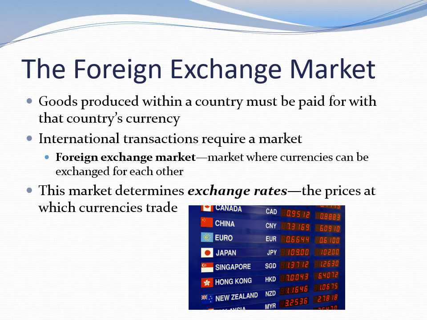So one thing that we need to wrap our heads around now is that a currency is treated like any other type of good or service that we purchase. There is a demand for different types of currencies and a supply for different types of currencies. So depending upon the forces of the market, you're either going to see an increase in the exchange rate or a decrease in the exchange rate. And so we're going to practice that in just a second.